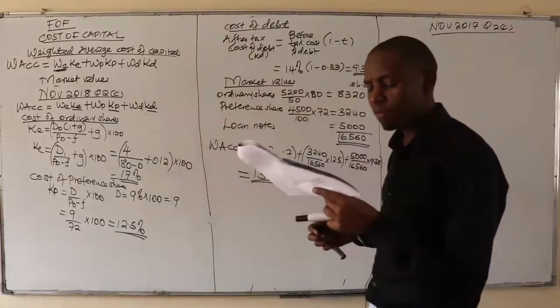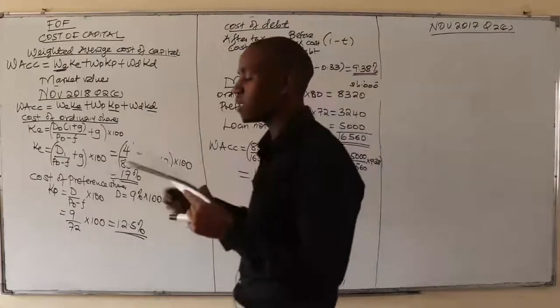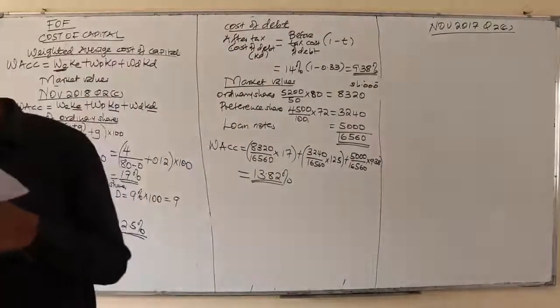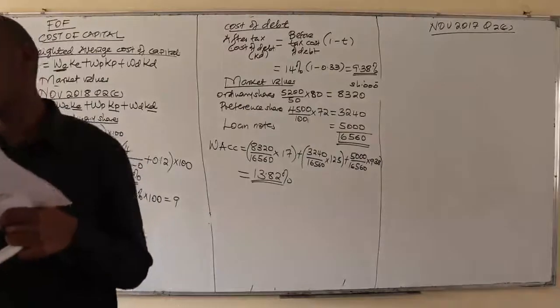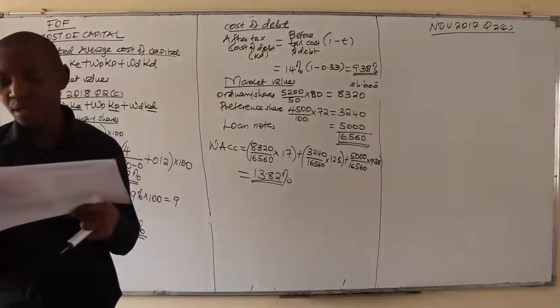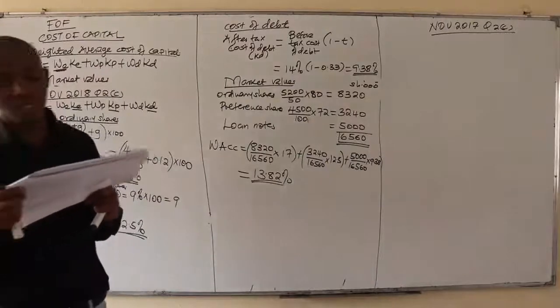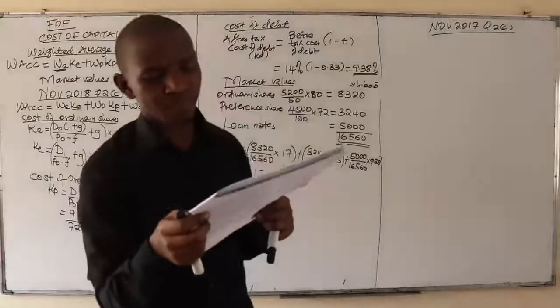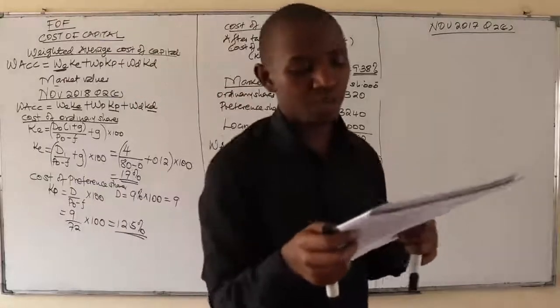The management of the company considers the above capital structure as optimal, and then the company's earnings before interest and tax average 75 million per annum. And those earnings are expected to be maintained in the future.